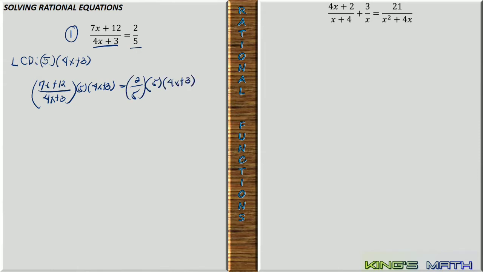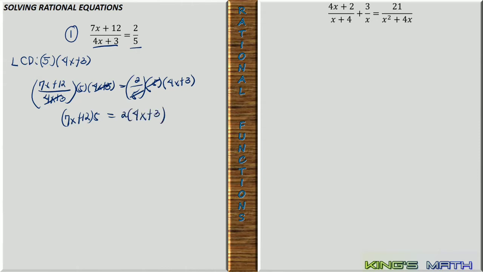After multiplying the LCD to both sides, we are going to simplify. We can cancel these because they are equal, and on our left side there will be only 7x plus 12 times 5. On our right side, we can cancel these two equal values, and we're going to have 2 times 4x plus 3.